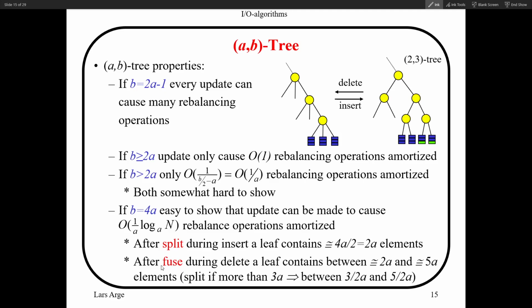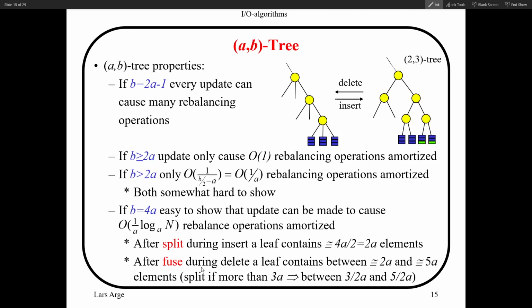We need to do a split or fusing operation. Similarly, if you do a fuse operation because of maybe a deletion, then you'll see that the leaf will have between this much and this much elements. And of course, if it has 5 times A, we have to do something. But if it has 5 times A, then we split it, right? So we'll have 2.5 and 2.5.